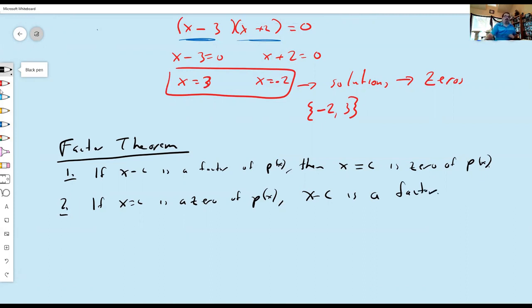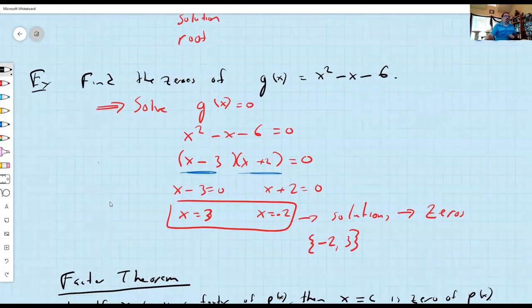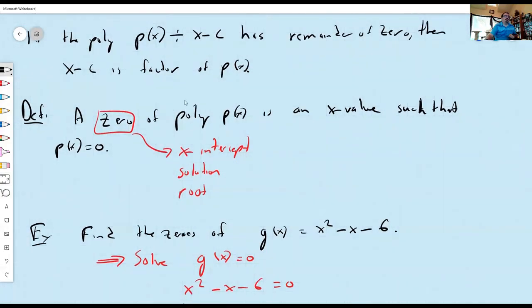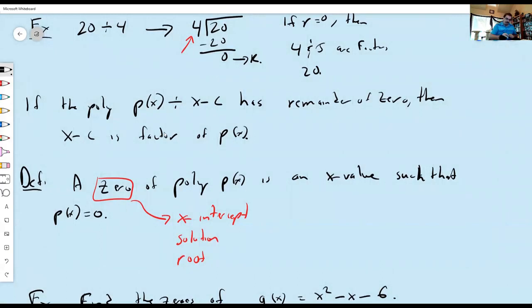So if you take this and you put it together with this statement way up here, if the polynomial p of x divided by x minus c has a remainder of 0, then x minus c is a factor, and x equals c is a 0.